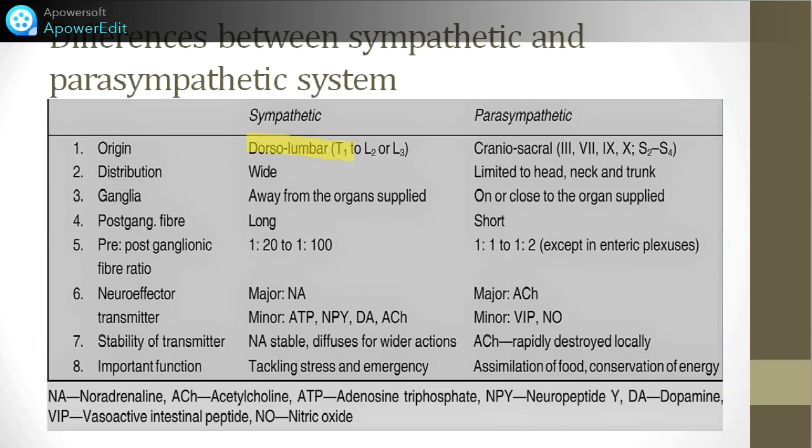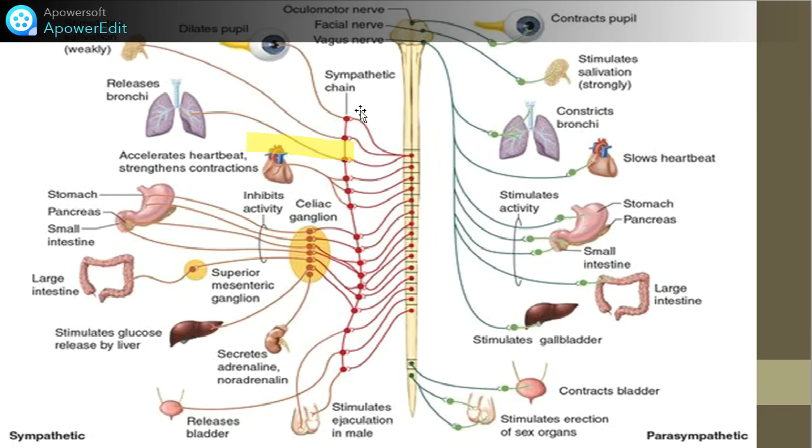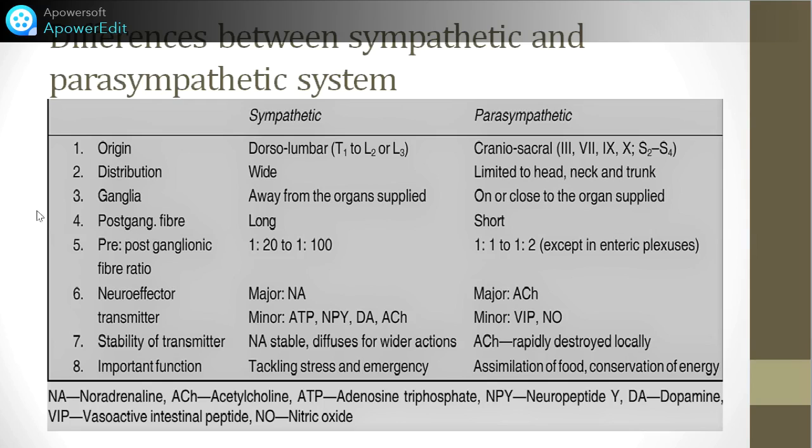We can see in this image, this is thoracolumbar outflow. In case of sympathetic system, this is thoracic and lumbar portion of the spinal cord, and all these nerves originate from thoracic and lumbar portion. So therefore the origin of sympathetic system is thoracolumbar.